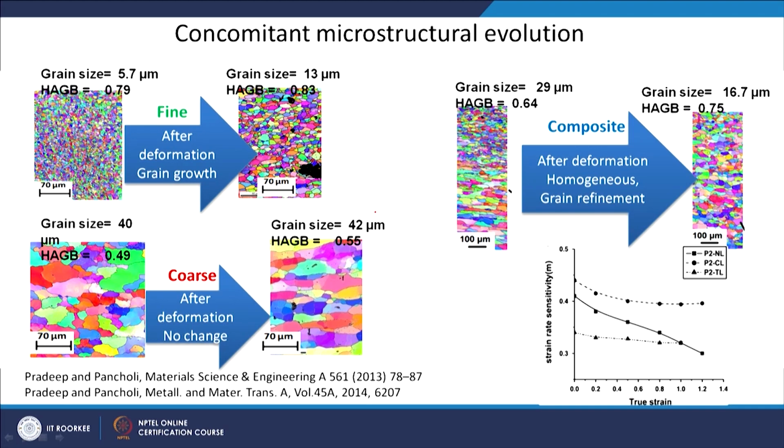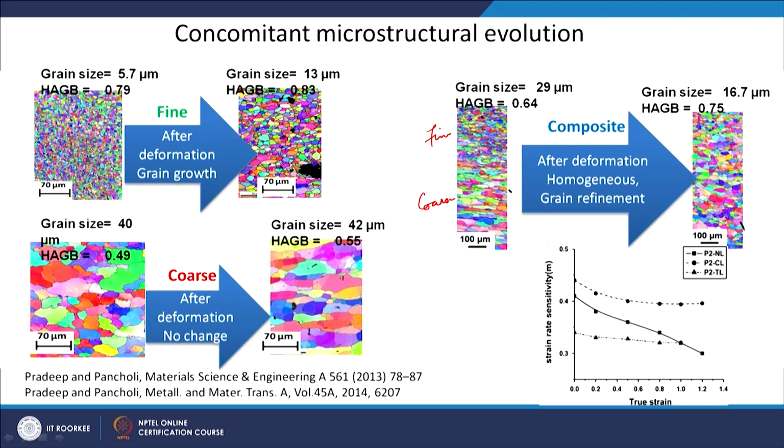Whereas, if you see the composite microstructure, this is the gradient you can see in the microstructure, fine grain, coarse grain. Okay. So, this is my fine grain, this is my coarse grain material. Okay. And after deformation, you see the microstructure is now uniform throughout the cross section. Okay.